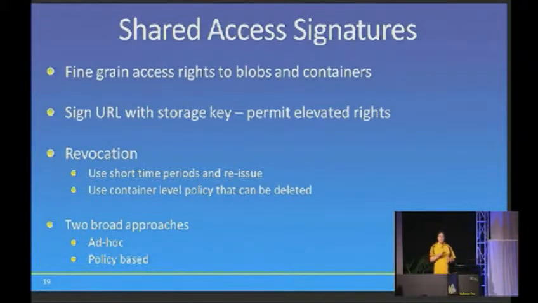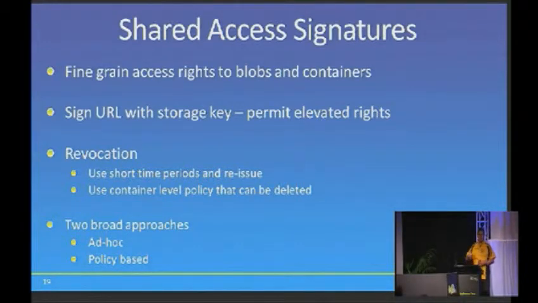So, we spoke earlier about the fact that security in blob storage is really simple, right? It's either private, in which case we need to sign all of our requests to the storage endpoint, or it's public, in which case any Tom, Dick or Harry can get to it. That's not always going to be ideal.